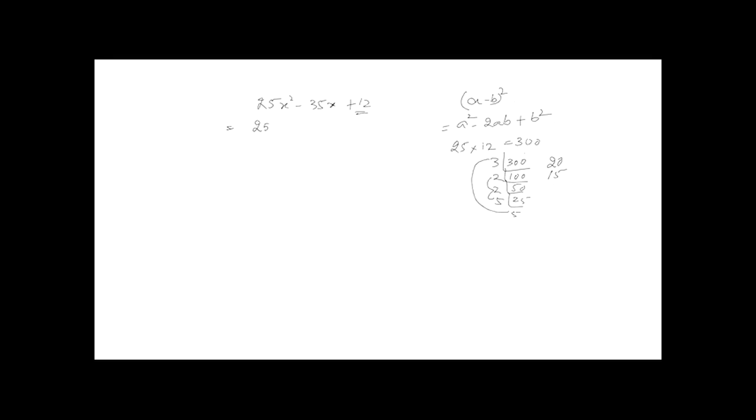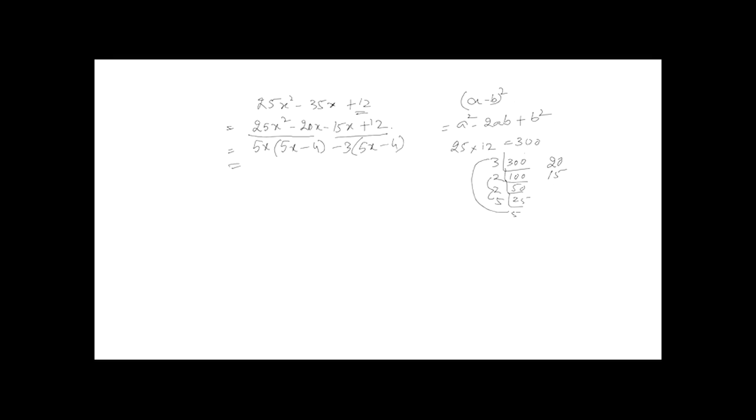Now this will be 25x squared minus 20x minus 15x plus 12. Now group these two in one group and these two in another group. Now what is common here? 5x. 5x minus 4, minus, what is common? 3. 5x minus 4.